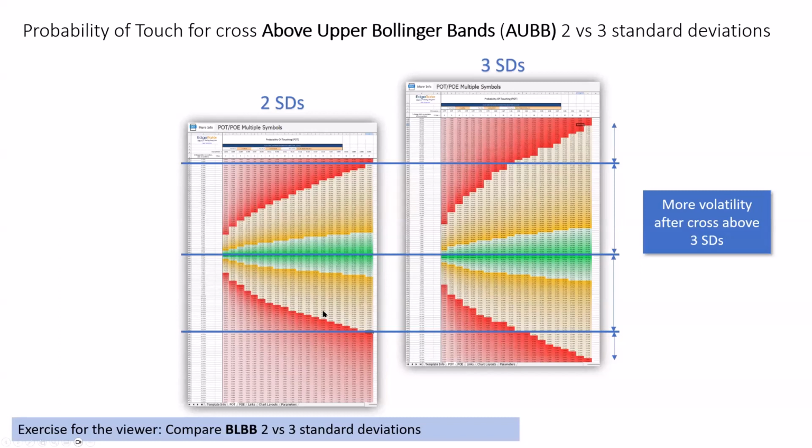Because what would you think in general about the difference between when a stock crosses above its upper Bollinger Band compared to when it crosses below its lower Bollinger Band? Is it going to lead to more volatility on a cross below the lower Bollinger Band, or less volatility?